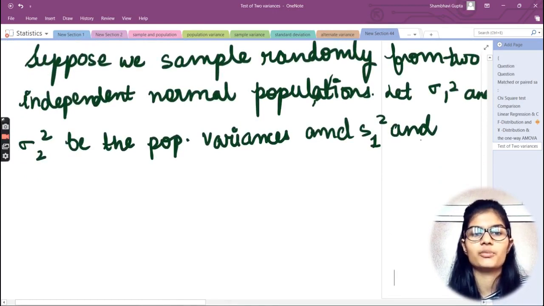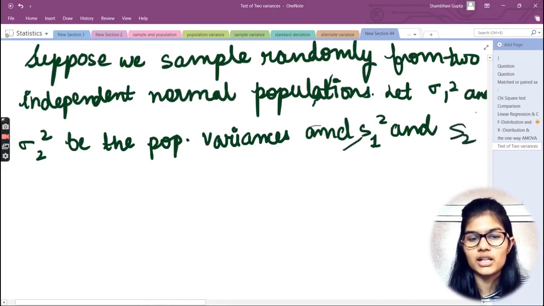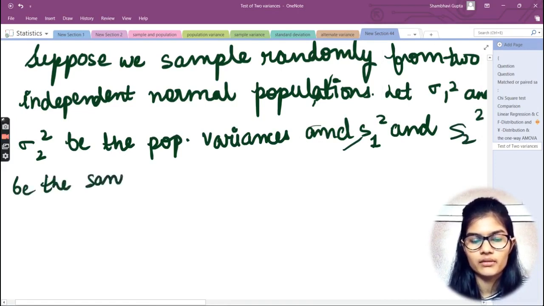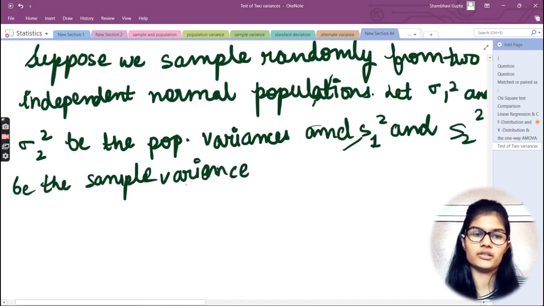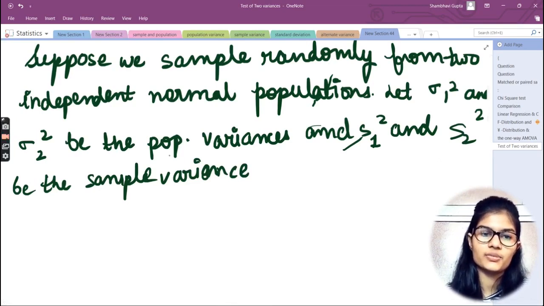Let sigma 1 squared and sigma 2 squared be the population variances, and S1 squared and S2 squared be the sample variances.